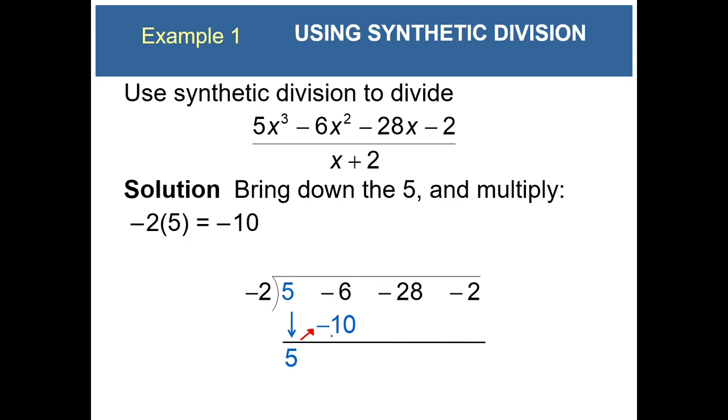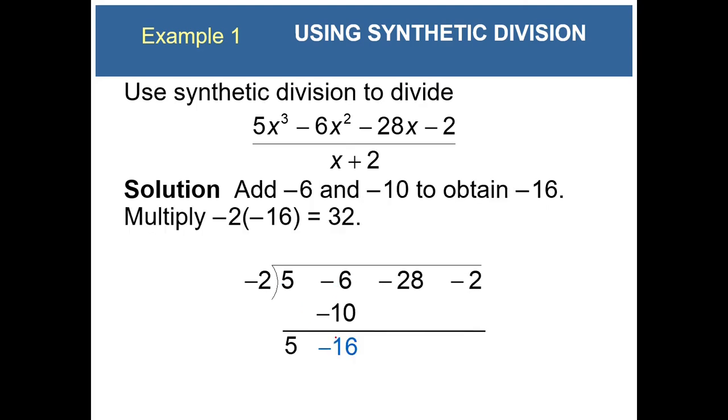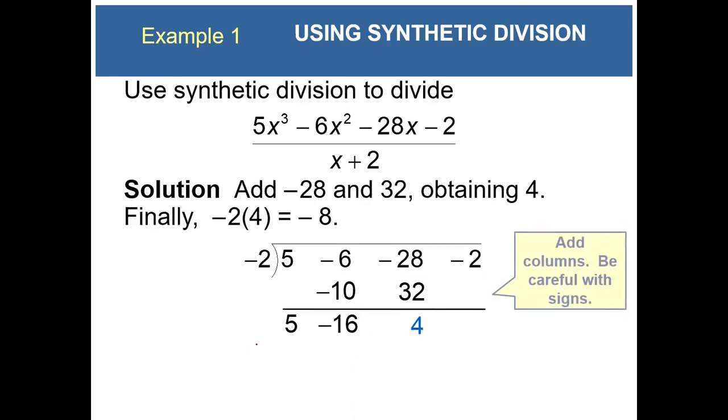Negative 6 minus 10 gives us negative 16. And now we're going to multiply negative 16 times negative 2, the divisor. So negative 2 times negative 16 gives us the 32. And then we're going to add. And addition gives us 4.